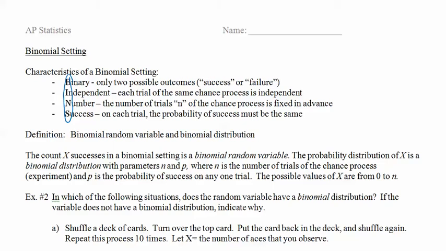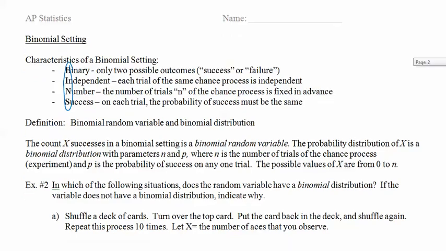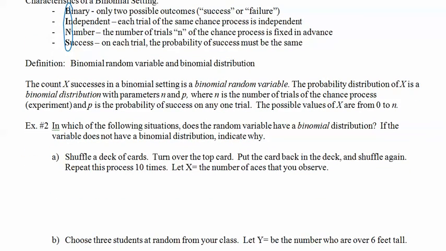So we're now going to look at the definition of binomial random variable and binomial distribution. The count X of successes in a binomial setting is a binomial random variable.